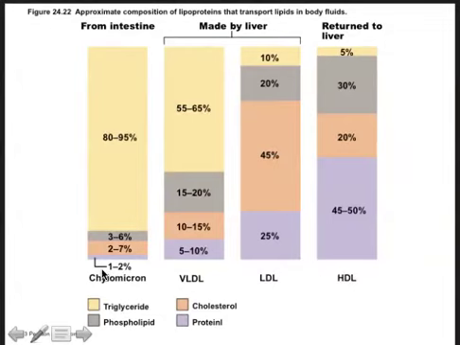They're important in the sense that they're part of moving fat around the body, but if you have a preponderance of these three classes of lipoproteins in your blood, that means that you're primarily in a fat depositing mode most of the time, as opposed to a fat burning mode. You can see the different proportions of the different classes of molecules in each of these types of lipoproteins. The triglycerides here in yellow, the phospholipids in gray, the cholesterol in peach, and the protein in purple.